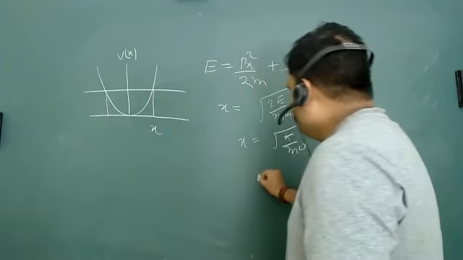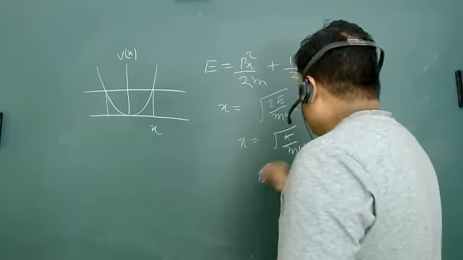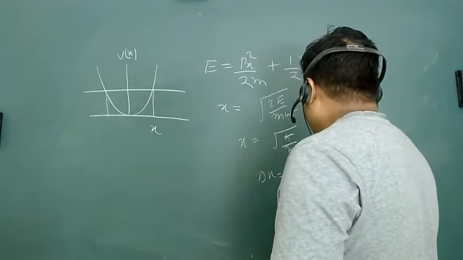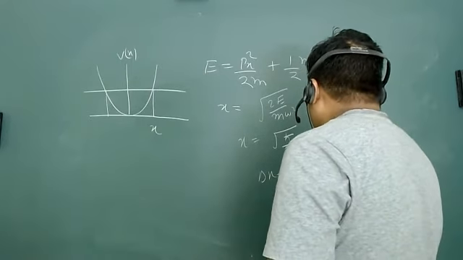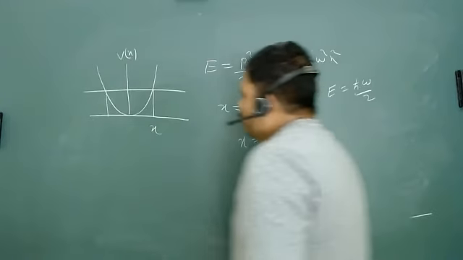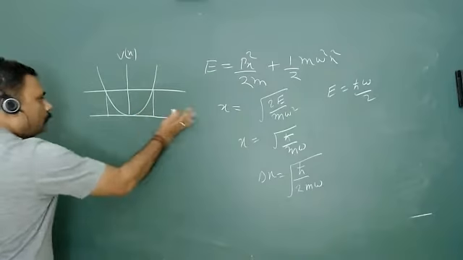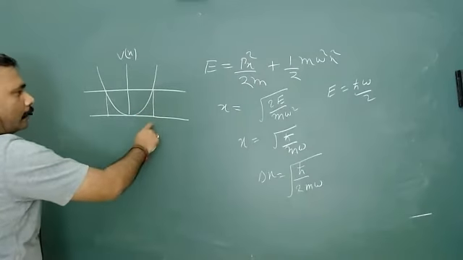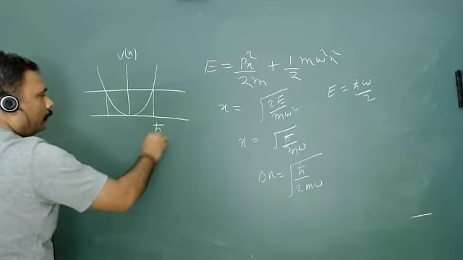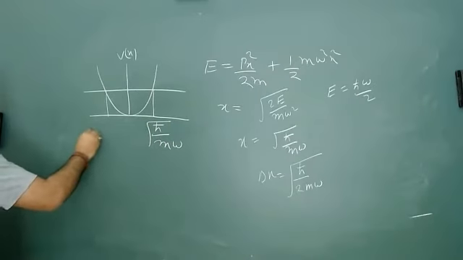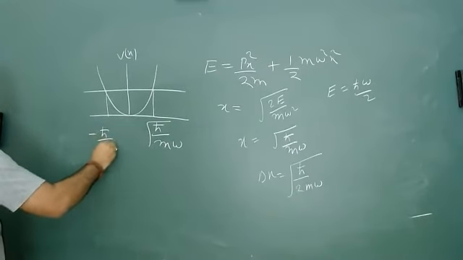And what is the value of delta x? The value of delta x is h cut upon 2m omega, under root. So these two points: the first point is root under h cut upon m omega, and this point is minus root under h cut upon m omega.